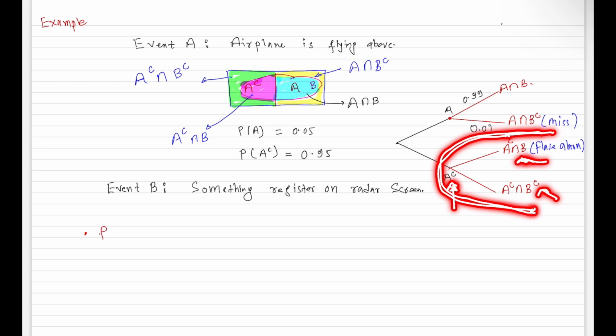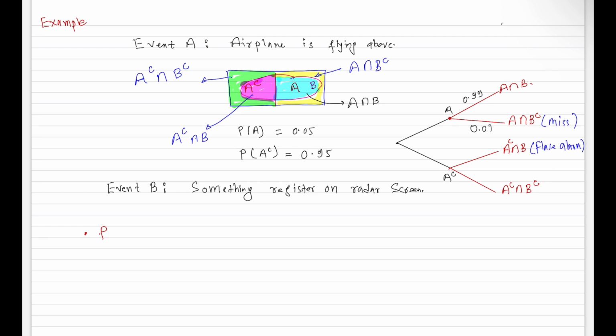That means it is showing on its screen that there is something in the sky. And if there is no airplane in the sky and the radar is showing that there is nothing in the sky, let's say this probability is 90%, and this probability is 0.10, that is 10%.